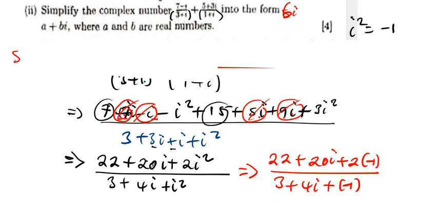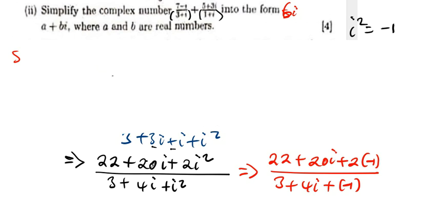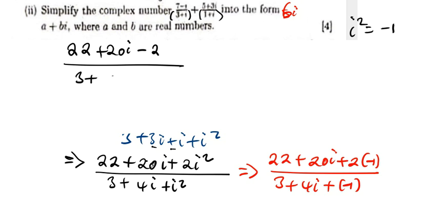Now we can get rid of the top part to create some space. What we have now is 22 plus 20i minus 2, divided by 3 plus 4i minus 1.